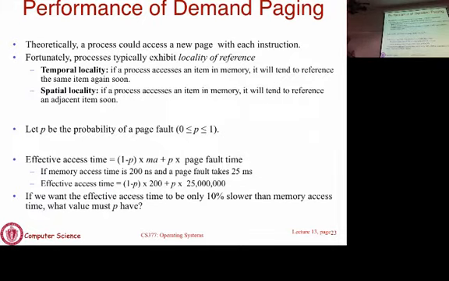Yeah, that's simply because disks are very slow. This is effectively about 1,000,000 times slower. So for a 10% slowdown, you should have a fault approximately once every million instructions. Okay, that's what it is trying to say. Is that clear?